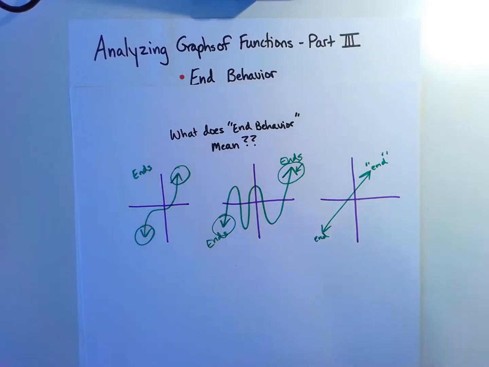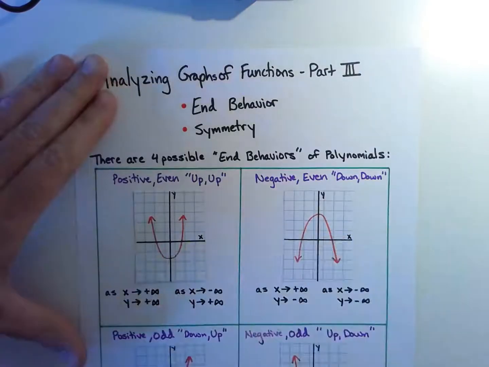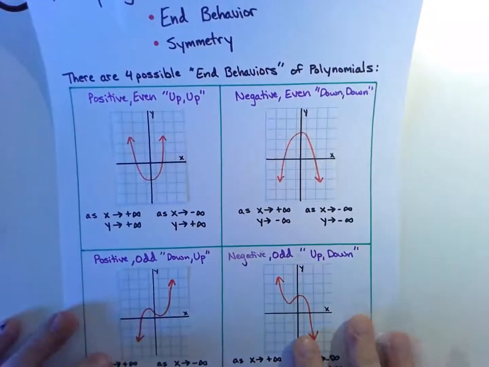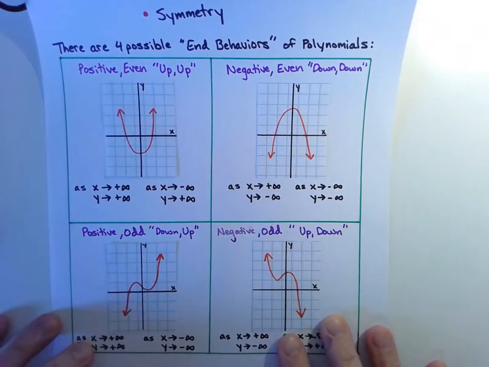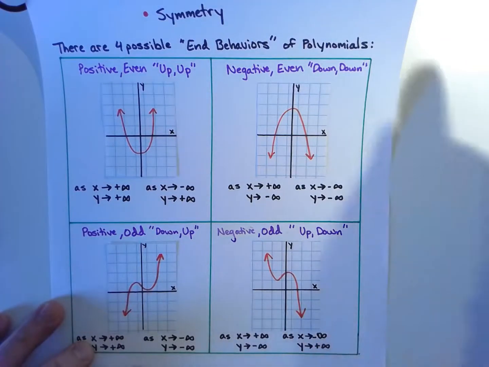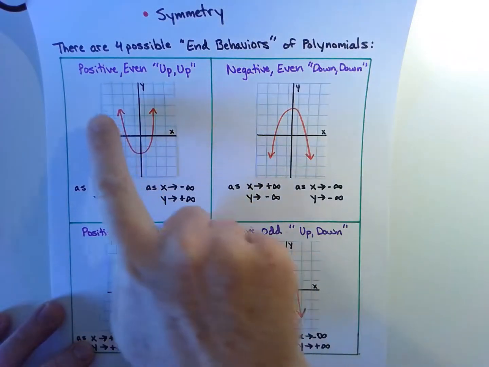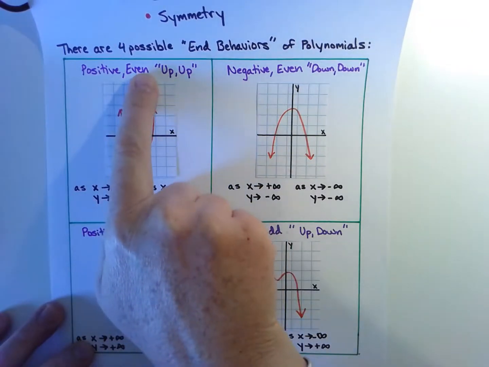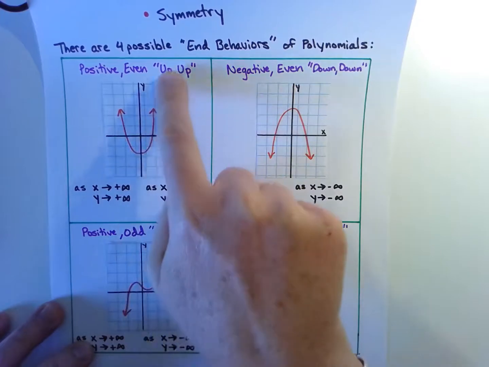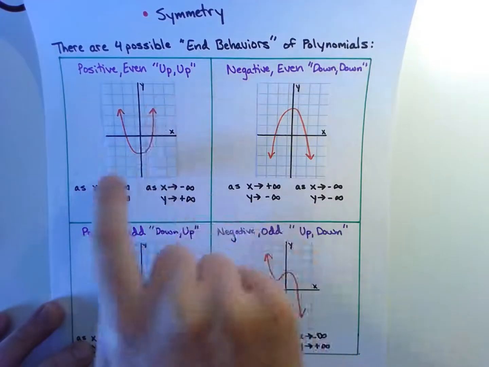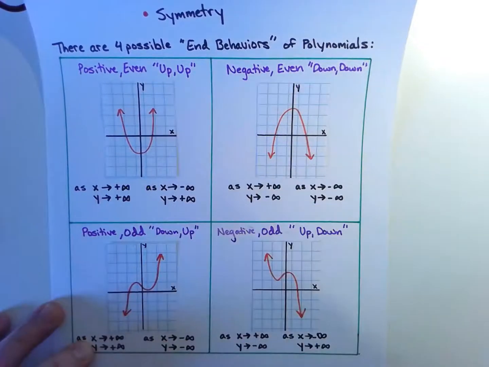So we're going to talk about end behavior. What are the rules for end behavior? Here are the basics. The good news is there are only 4 possible end behaviors of polynomials. Either your graph will act like a positive even function, like a basic parabola, and it will go up, up, the short-term words for it.